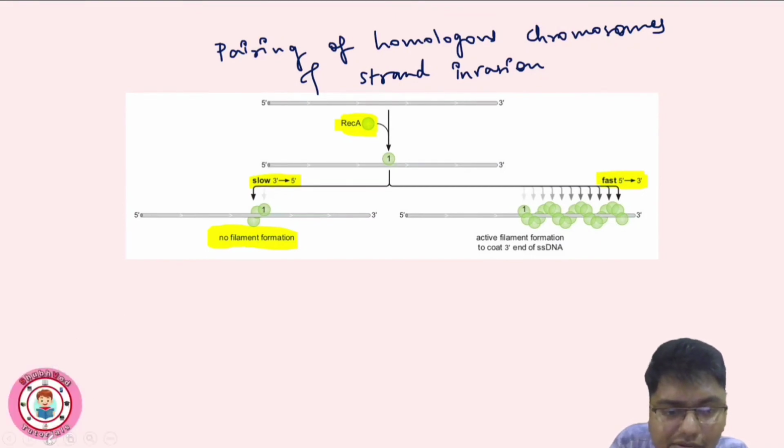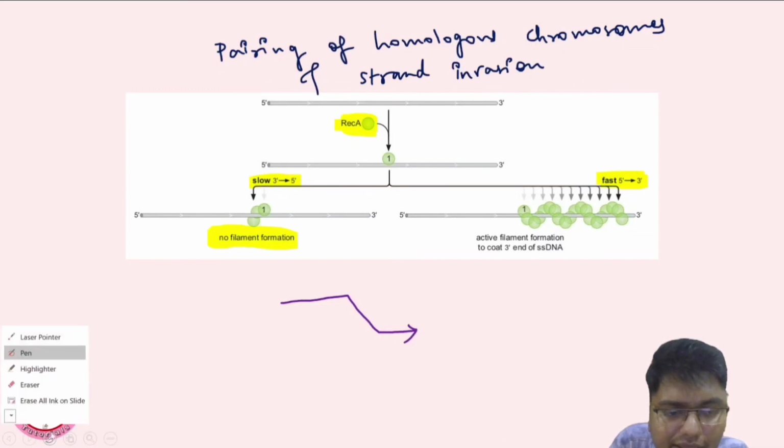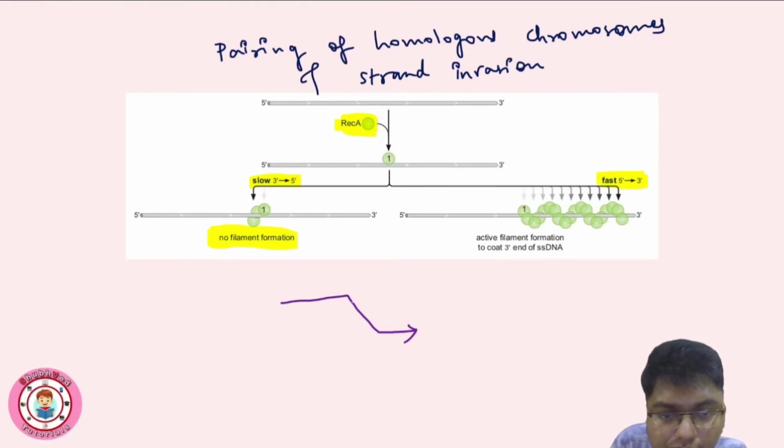Strand invasion means what? As we saw in the diagram, this is a strand coming down and it will move. Right? So this is done by the RecA protein. Like this. RecA proteins will do this function.